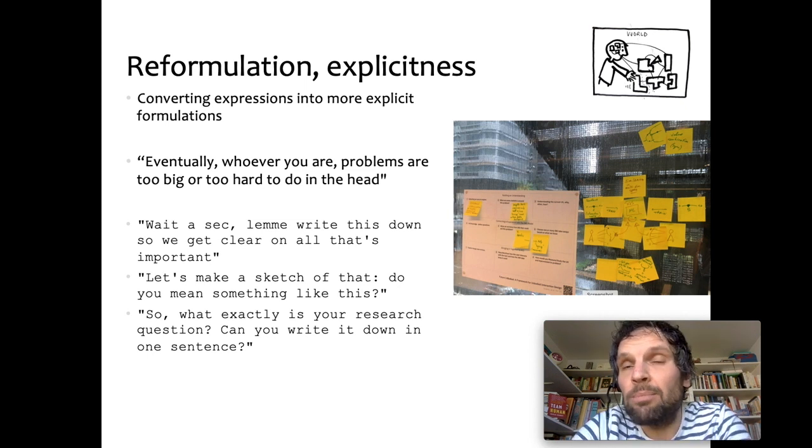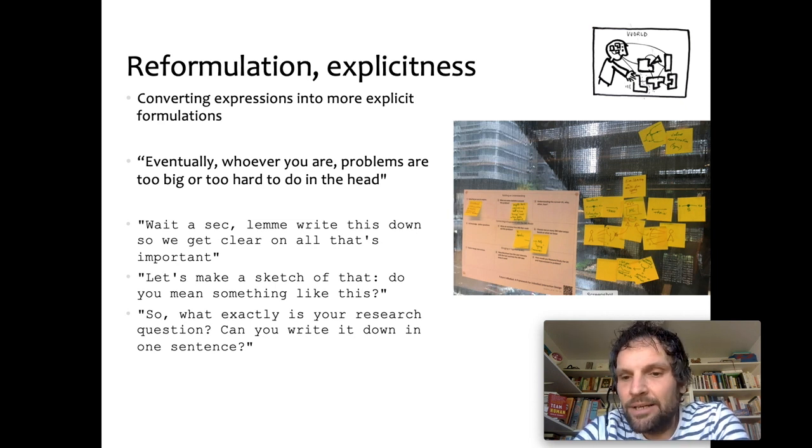This can also be a problem, right? So designers know very well that as soon as you start to draw, on the one hand, you make things very clear for your stakeholders and for other people involved, but on the other hand, before you know it, it starts to frame the problem in a certain way, and it becomes difficult to think outside of the box you have just created, right?